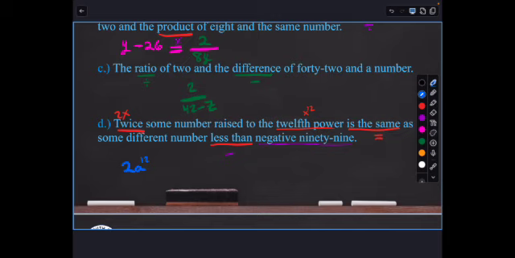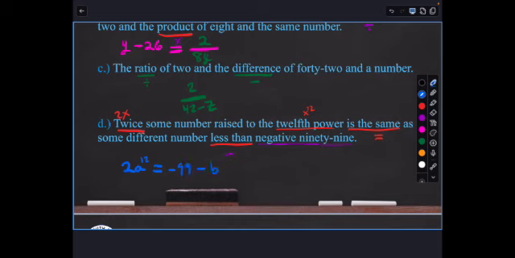So twice some number that is raised to the 12th power is the same, so equals, some different number less than negative 99. Because this is less than, we actually have to reverse it. We're taking this part away from the other part. So negative 99 goes up front, and then the other number goes in the back.